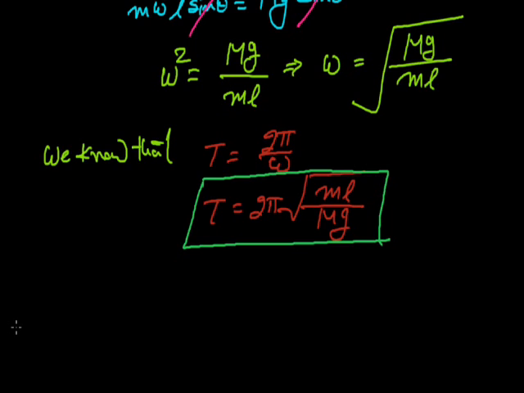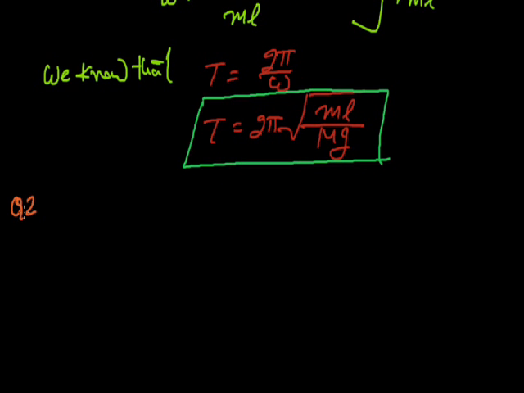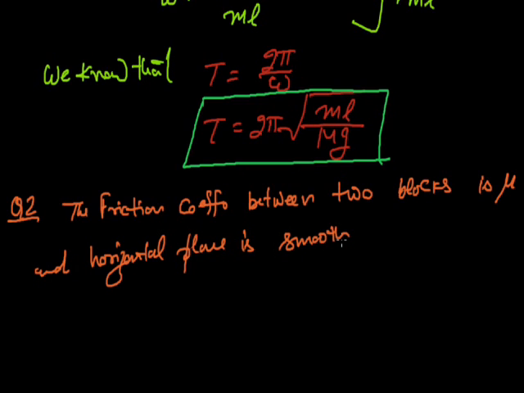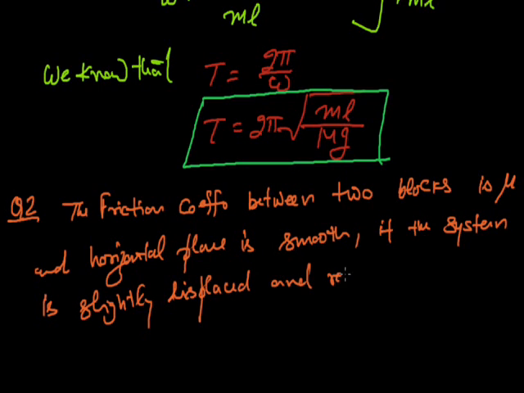Now, numerical second. The friction coefficient between two blocks is mu, and the horizontal plane is smooth. If the system is slightly displaced and released, find the time period.